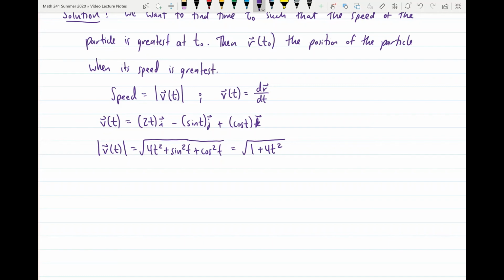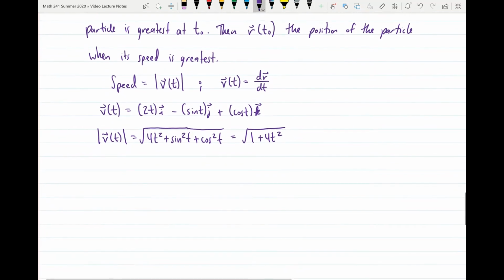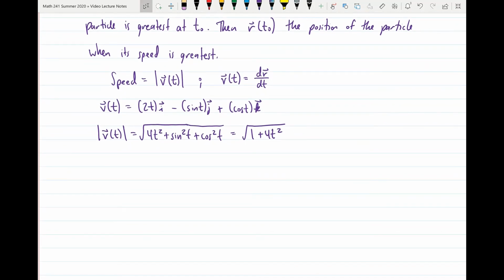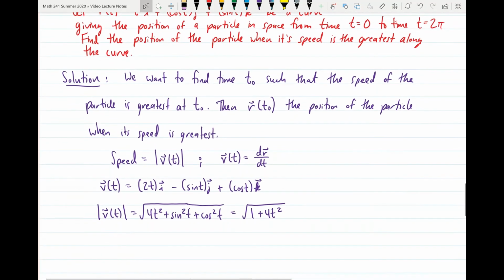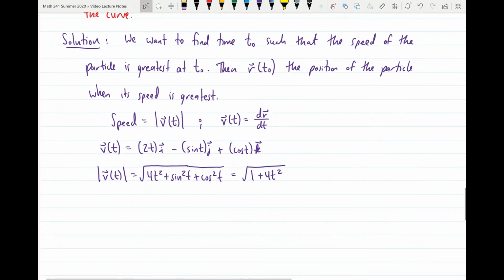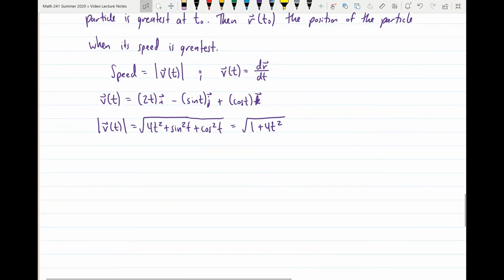And so the speed is just a function like we would have seen in Calculus 1. So we can take tools that we have from Calculus 1 to find when this function is maximal along the interval from t equals 0 to time t equals 2 pi. So let's apply some of those tools.